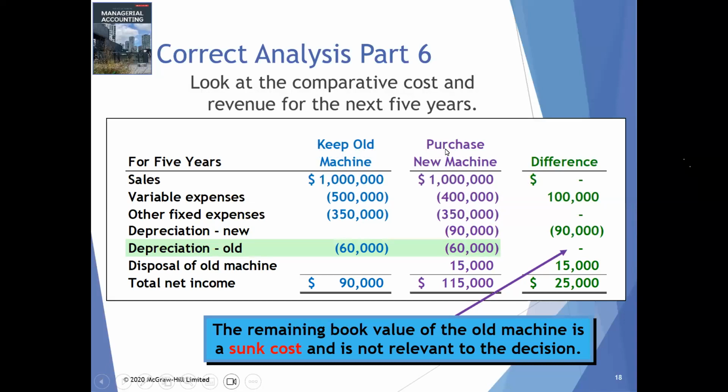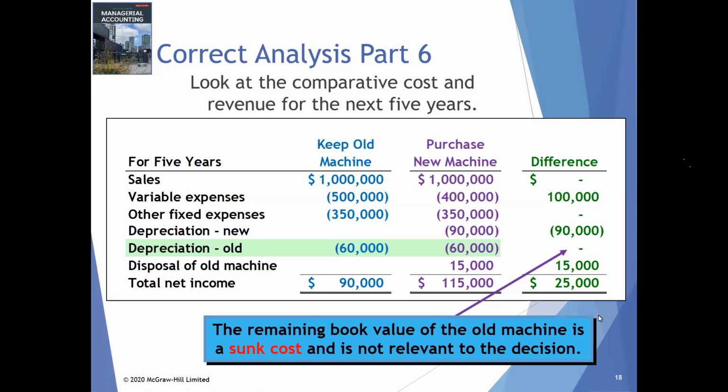And second, we are going to purchase the new machinery and trade in the old one. It means the $15,000 that we will get by selling off the old machinery will ultimately be added in this calculation. And we find $115,000.